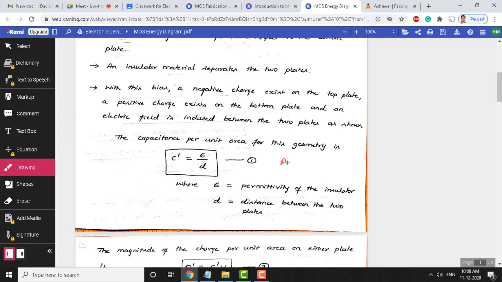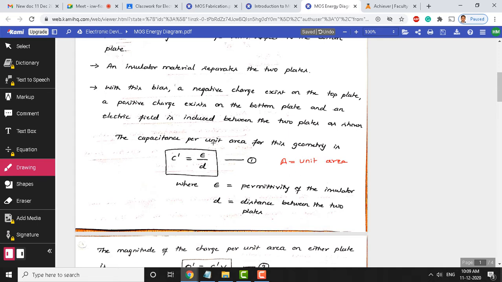The reason is that if you know the capacitance per unit area, this can be integrated over the entire surface and the total capacitance can be calculated.